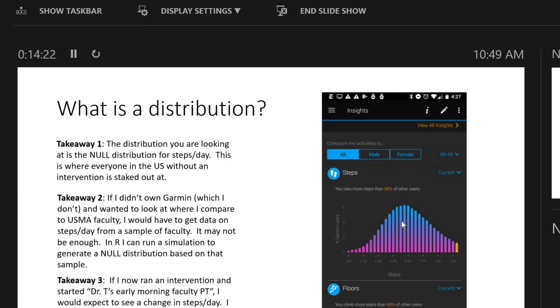So the H0 would be, probably I would use the mean. The mean would equal mean steps per day by West Point faculty. So my null hypothesis would be that nothing changed. I ran my intervention and everybody just stayed the same. Maybe they got tired after running in the morning and they sat at their desk all the rest of the day. You never know.